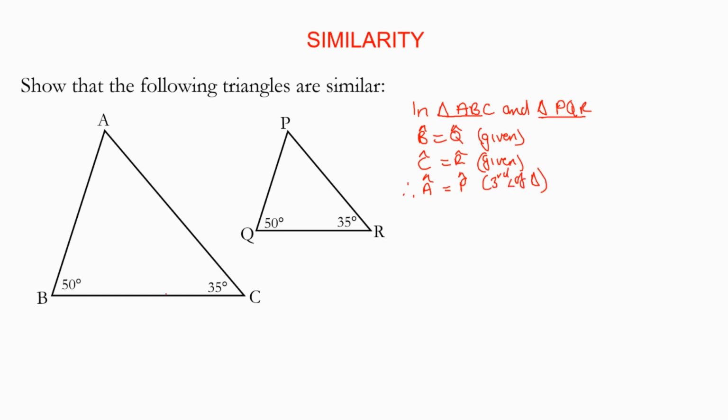Even if you use the angle sum in a triangle, you can get this. Just say 180 minus 50 minus 35, you'll get this angle. And then 180 minus 50 minus 35, you get this angle. This is triangle ABC, and this is triangle PQR.